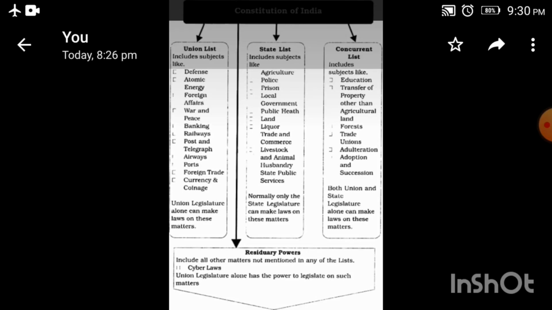The subjects that don't fall under any of these categories are subjects that came up after the constitution was made. Example, computer software comes under residuary subjects, and the union government has the power to legislate these residuary subjects.